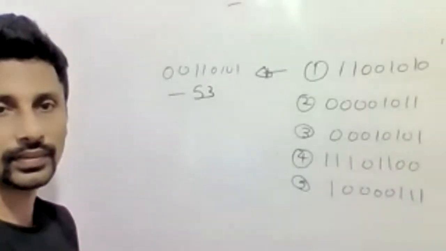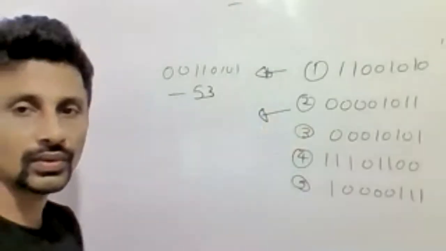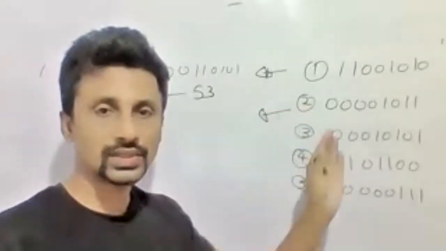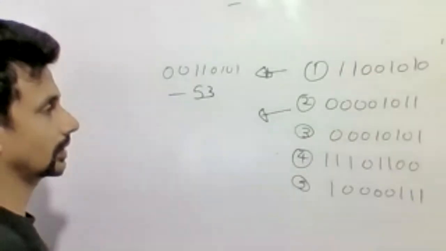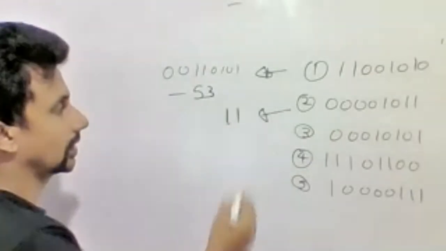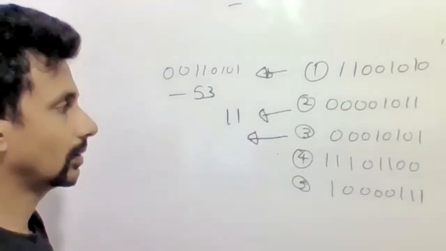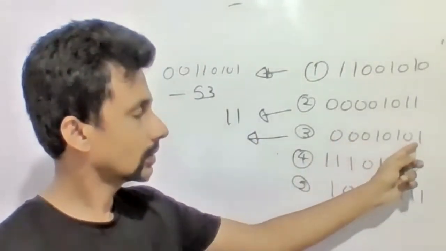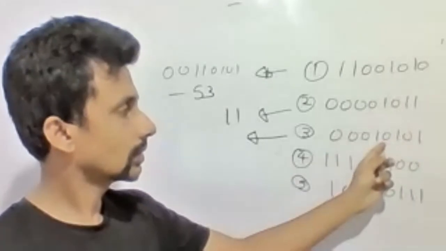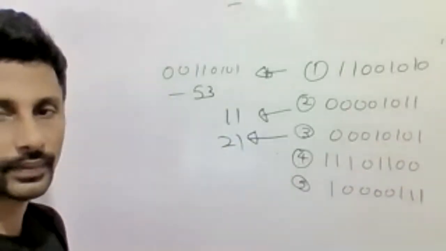Second one, you don't need to flip the bits because it starts with 0, that is a positive value. So 1, 0, 1, 1, that is 11. Third one also you don't need to flip because it's a positive value. 21 is coming.